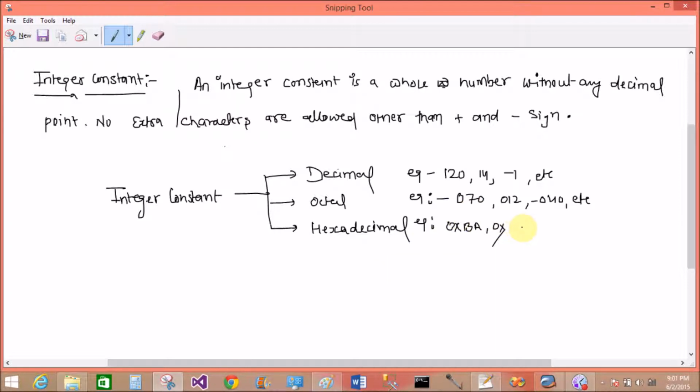Hexadecimal constants contain digits 0 to 9 and characters A to F, but start with 0x. 0xBA is a hexadecimal number. 0x3B is a hexadecimal number. Also, 0x12A is a hexadecimal integer constant.